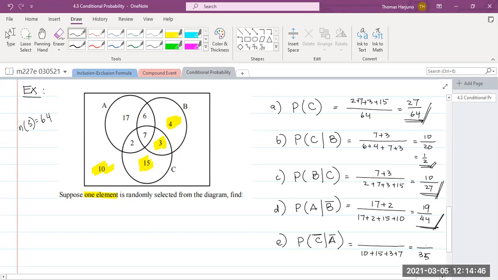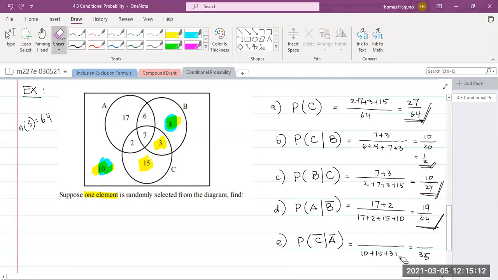Now, of these 35 elements not in A, how many of them are not in C? The ones not in C are these guys and these guys. So there are 10 plus... hold on, I think I wrote it wrong. 10, 15, 3, 4, not 7. Good thing I see it.